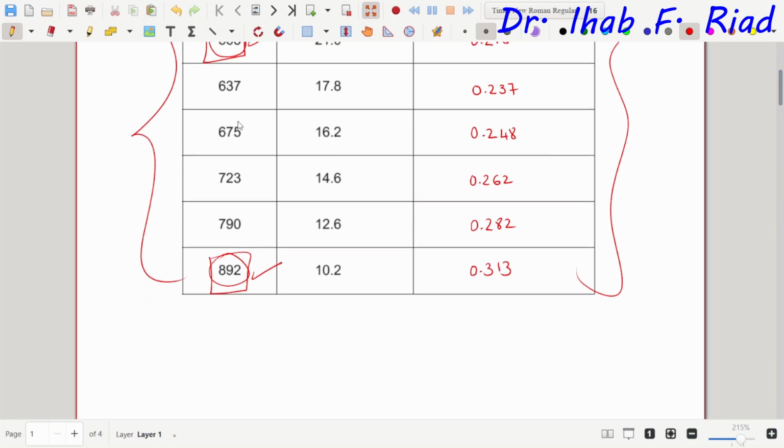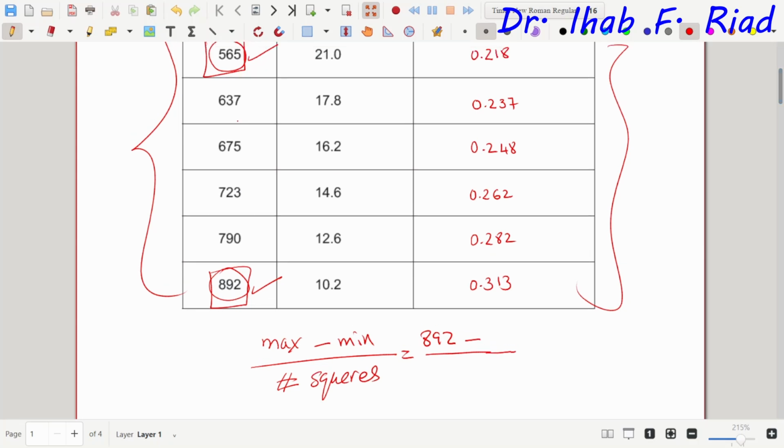We do this. It is the maximum minus the minimum, divided by the number of squares. To apply this on the x-axis, it is going to be 892 minus 565, and we divide by 7.